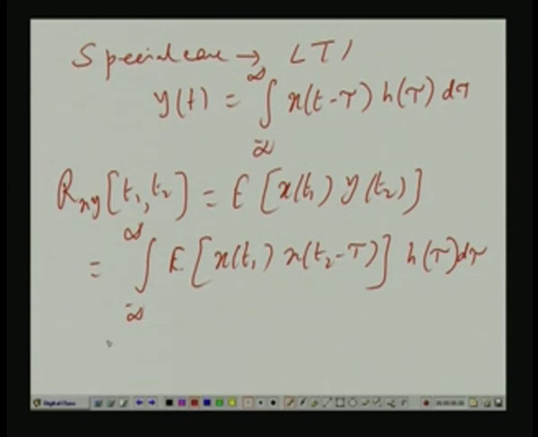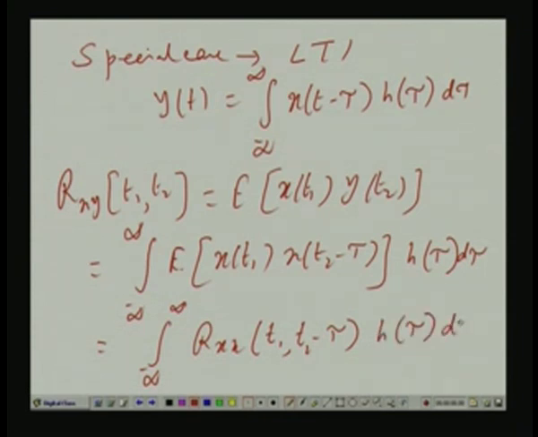And what is this function? This is R x x t 1 comma t 2 minus tau. Okay.